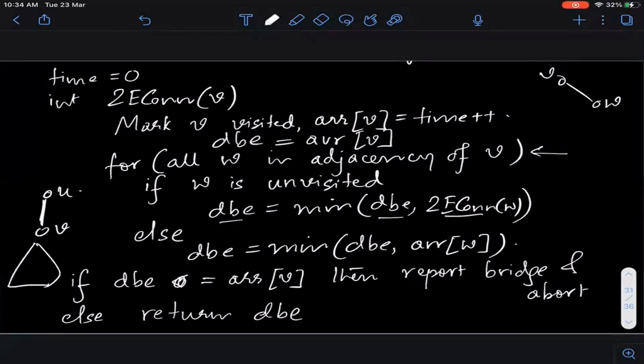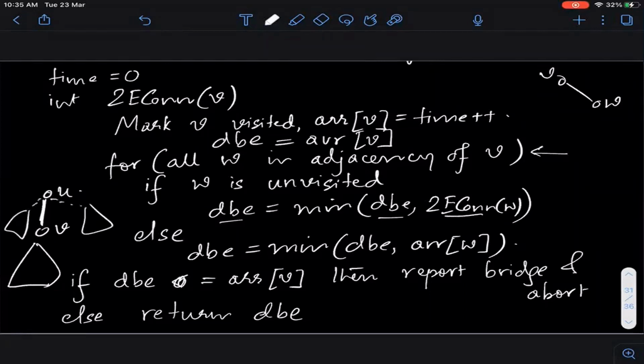Okay. Can I say that the arrival time of U is 1 less than the arrival time of V? Is it true that the arrival time of U is exactly 1 less than the arrival time of V? No. Yeah, clearly not. Because what can happen is that U का और भी children हो सकता है.